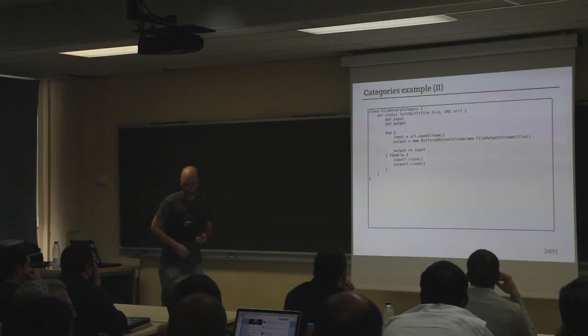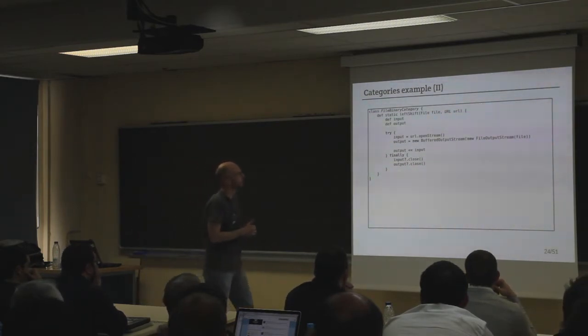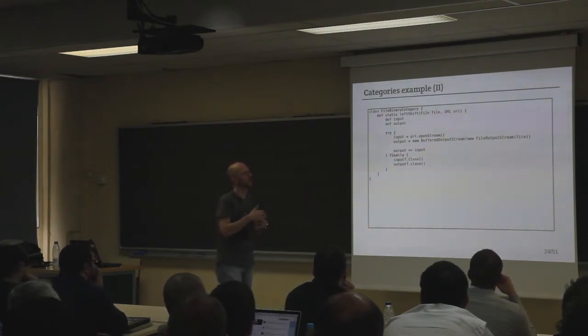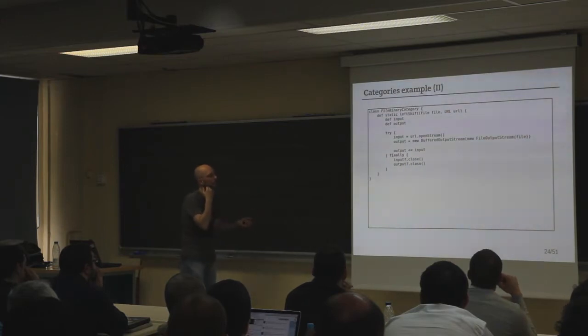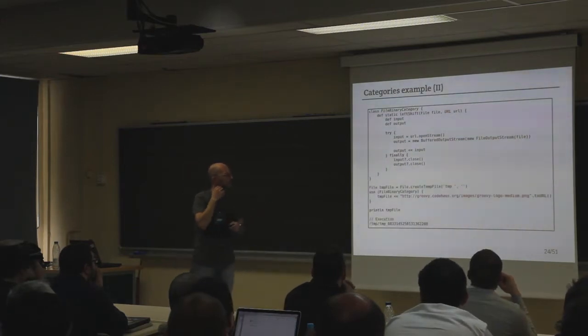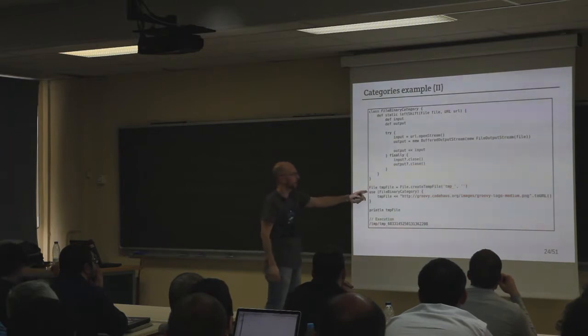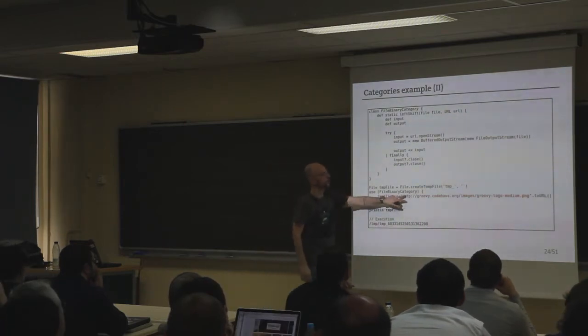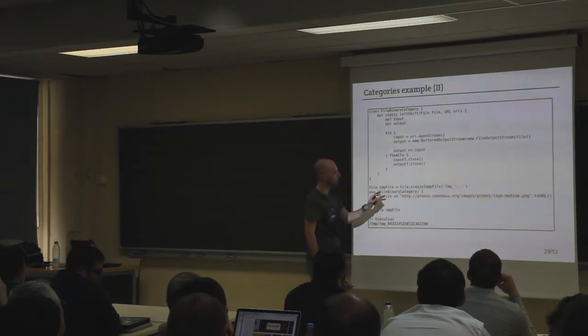It's another example. I'm creating a file binary category that receives a file and a URL, and it downloads this URL into that file. And we can use it like this. We create a new temporal file, and using this category, we can write that code.